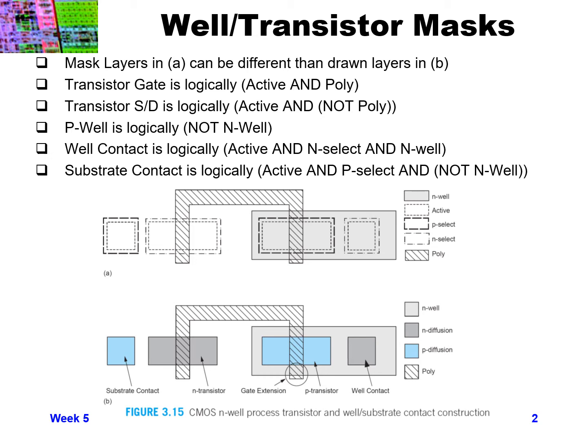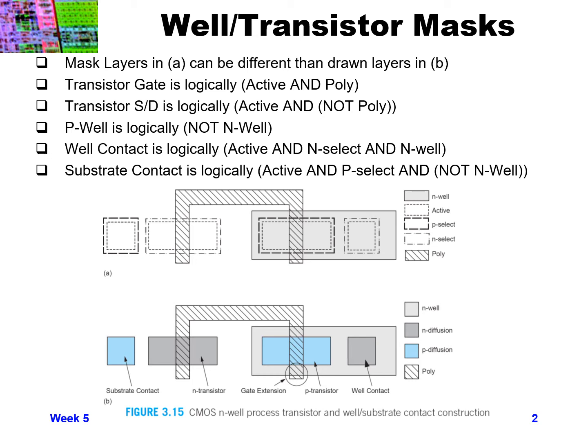So one quick comment about the masks, the photo masks that will get generated, is that the mask layers you'll wind up generating in order to make the photo masks are not necessarily the same as what you're drawing when you draw your layout layers.